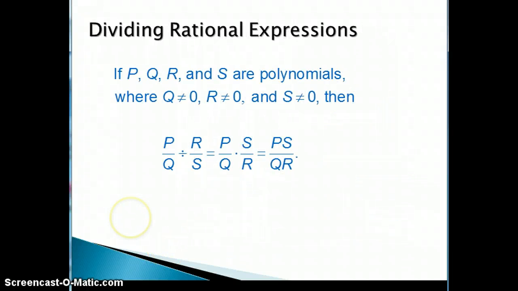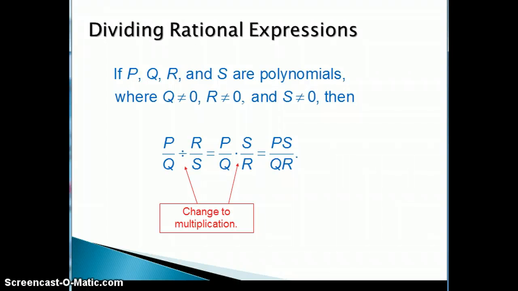Now let's look at dividing rational expressions. If P, Q, R, and S are polynomials, and of course we can't have Q, R, or S be 0 because those are all in the denominators here, then if we want to divide the fraction P over Q by the fraction R over S, then remember that to do this, just like with regular fractions, we change the division to multiplication.